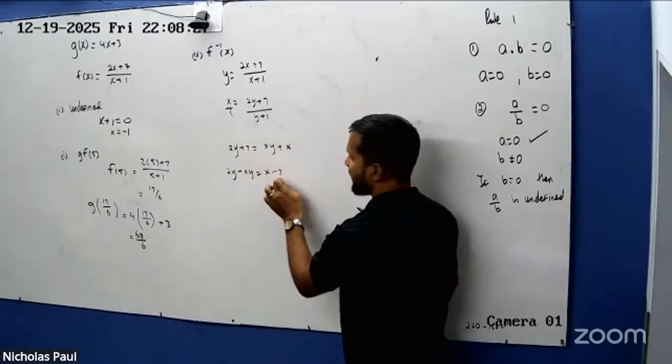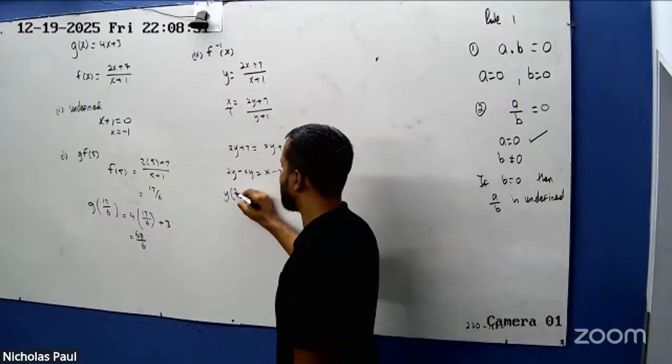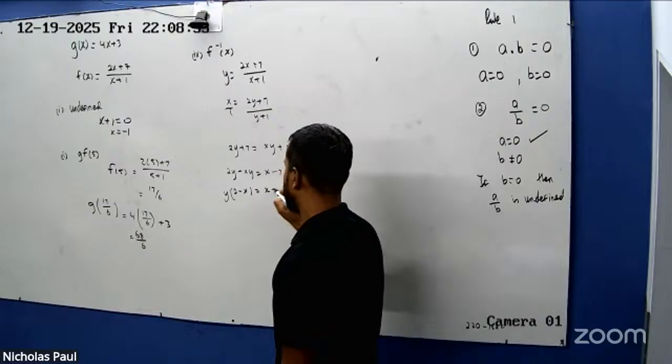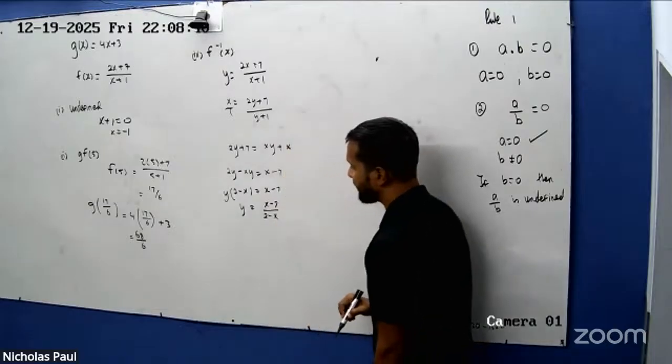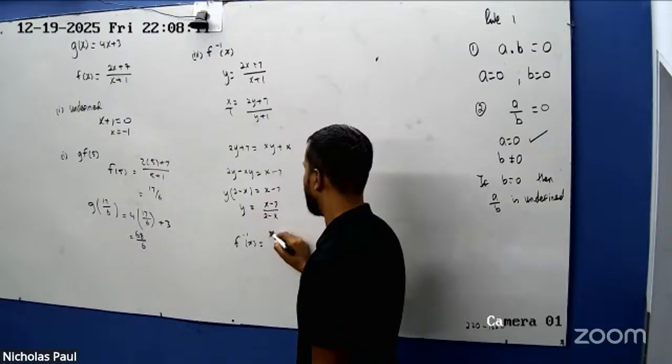Move across this, minus, move across this, minus. Next step, if you remember, is just to factorize, and then move across 2 minus x. That's it. Your inverse is x minus 7 over 2 minus x.